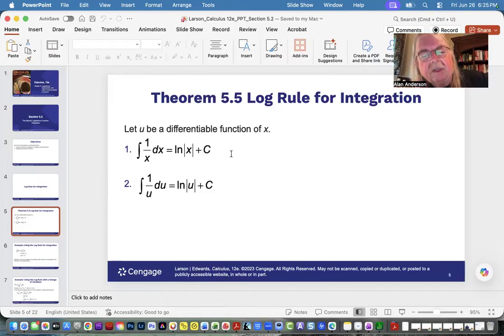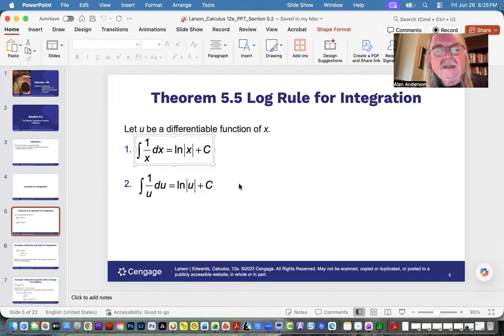But in the second case, if u is a function like x squared, which can't be negative, you don't really need the absolute value signs, but it doesn't do any harm to put them in there. So if there's any doubt in your mind, just leave them there. All right. So again, these are the two rules that we need to know now.